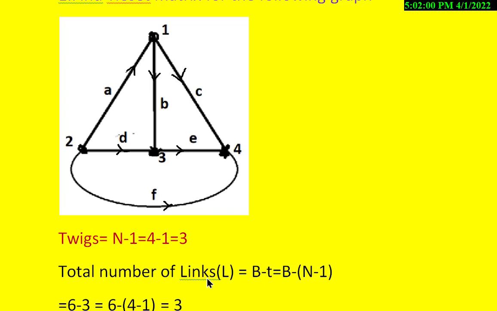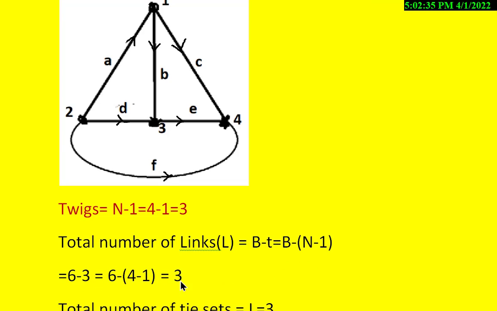Then the total number of links is required to know the number of Tiesets. The number of Tiesets is equal to the number of links for a given graph. The number of links can be obtained by taking the total branches of the graph minus the total twigs of the graph. So here the twigs of the graph is nothing but 3, and the total number of branches is 6.